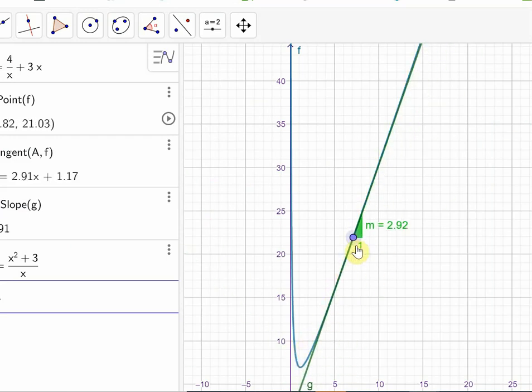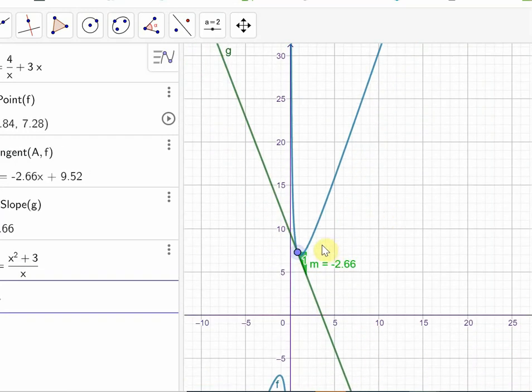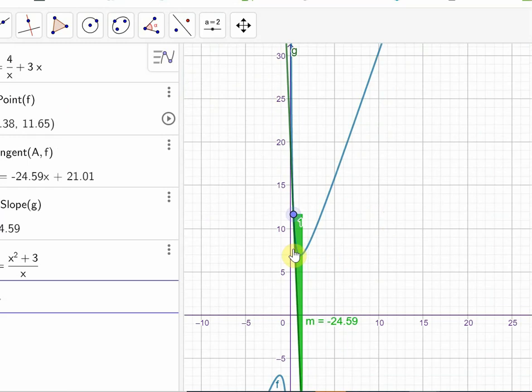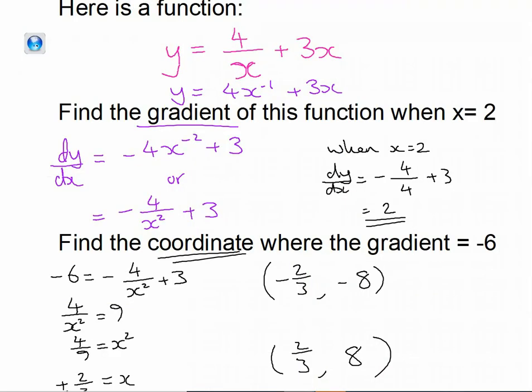It's pretty much a straight line, that one, isn't it? So you can see it's really not changing. So minus 6. Let's move this back down. Okay, roughly about there. So that coordinate is 0.7, and our answer was 2/3. I've just done the same question twice. Right, sorry about that, guys.